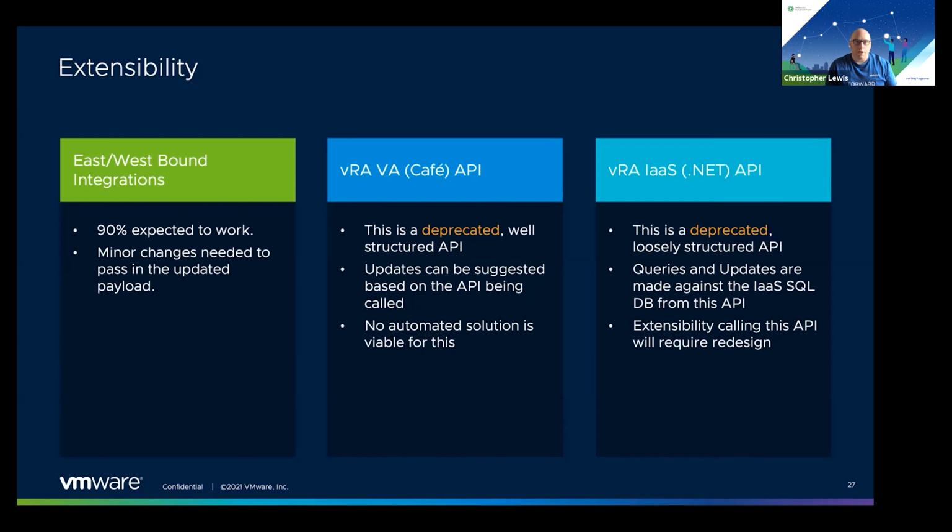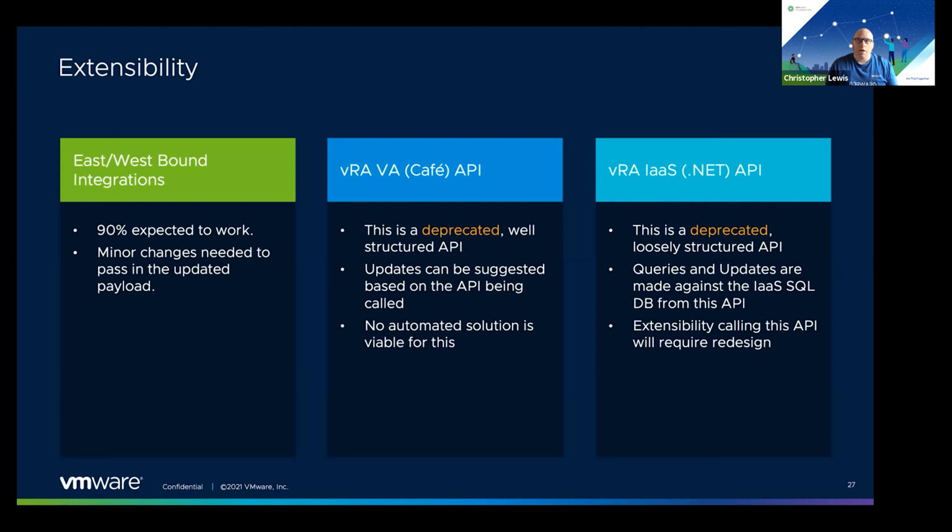If they're using third-party plugins and that third-party plugin also works in 8 or has been updated to work in 8, again, we would expect those plugins and those workflows to work. There may be some minor changes, some differences in the way that data types are consumed, but essentially most of that should just work.